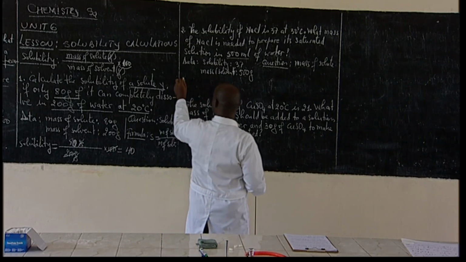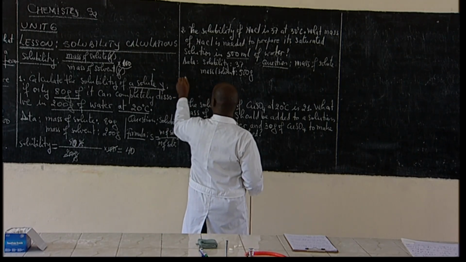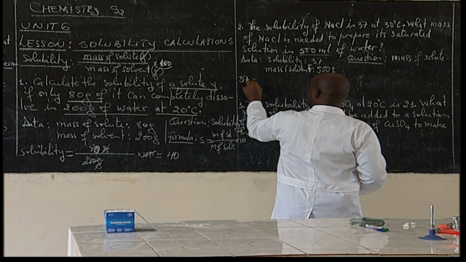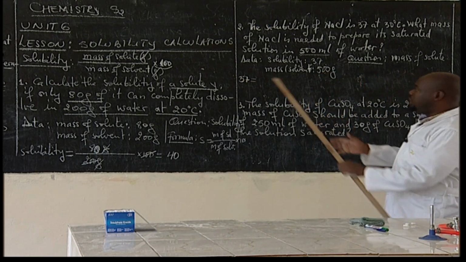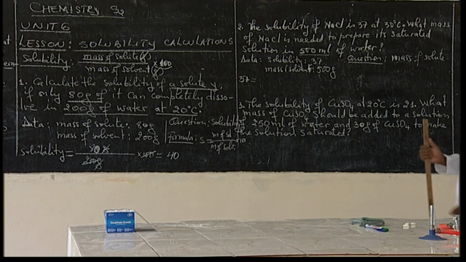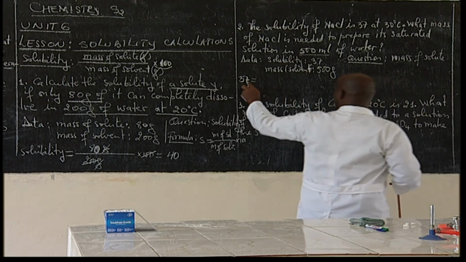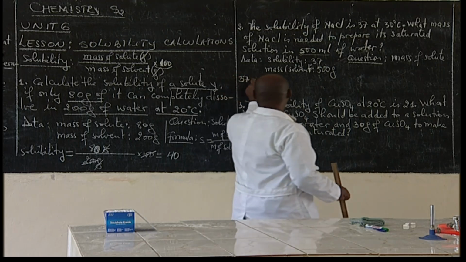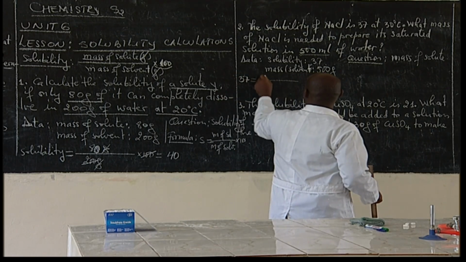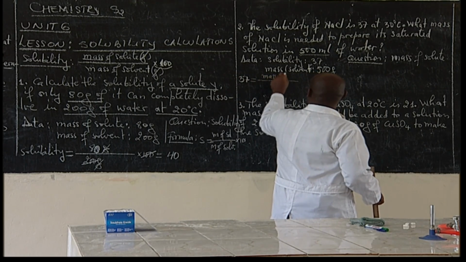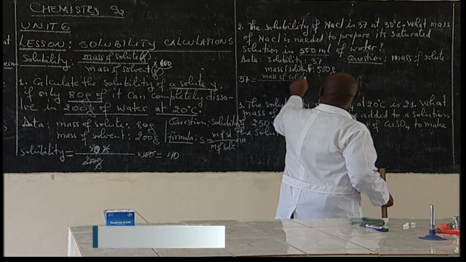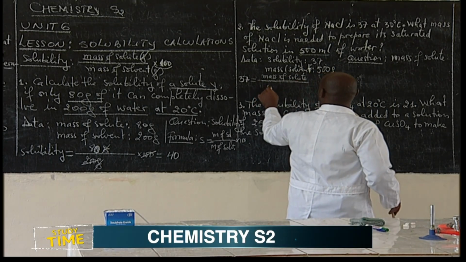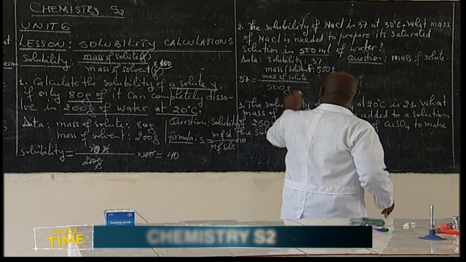So solubility, which is 37, the easiest way is to use the formula and we substitute. The solubility, which is 37, is given by the mass of solute over 500.